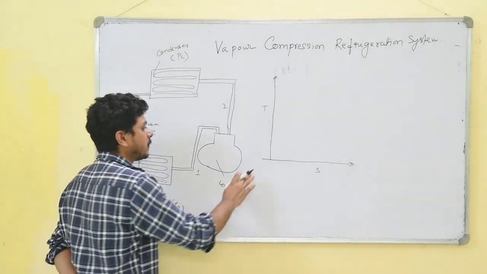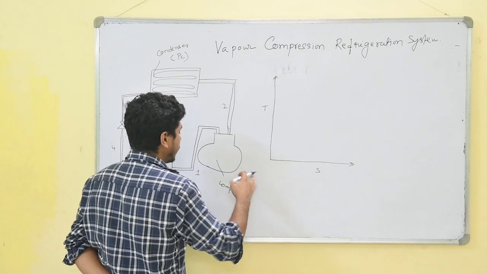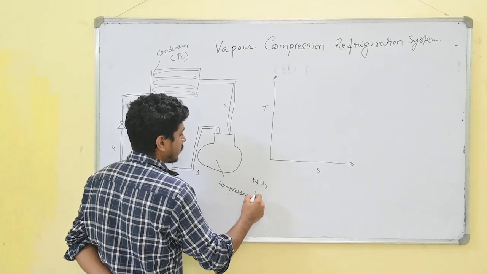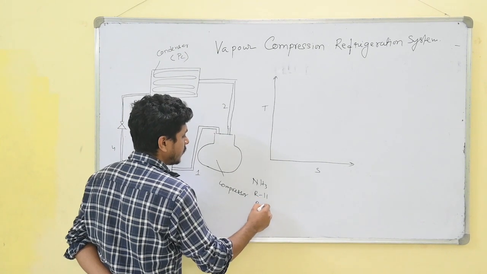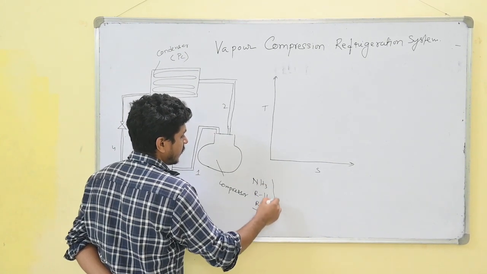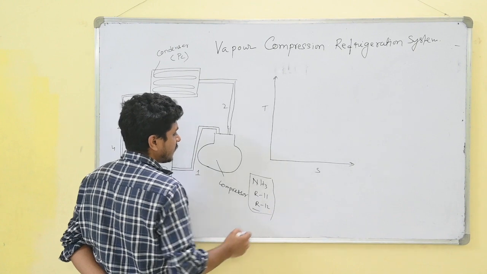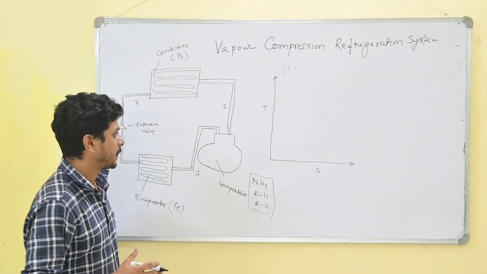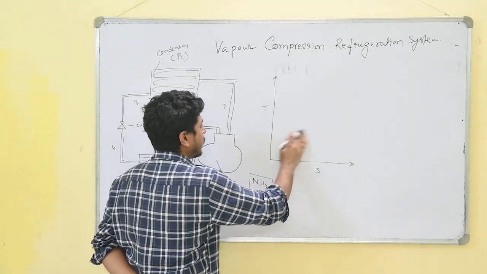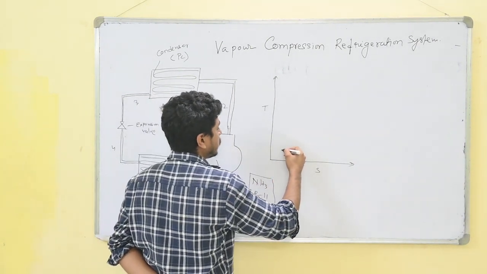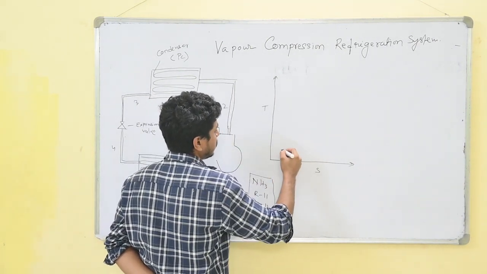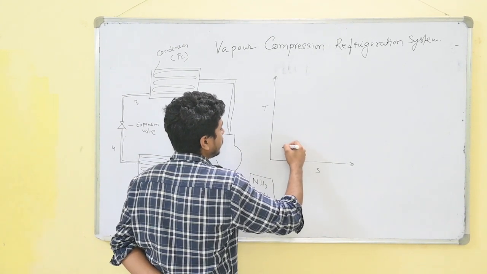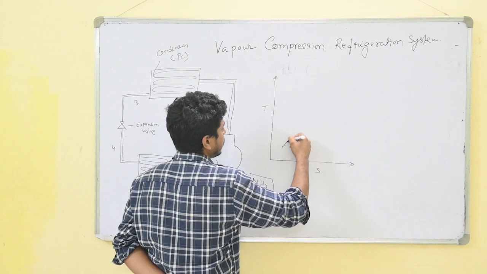So at first we consider any refrigerant, like ammonia, R11, R12, and every refrigerant has its own vapor characteristics curve.